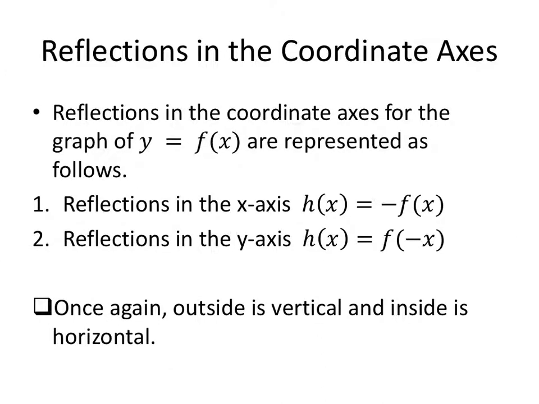Reflections. So reflections in the coordinate axes for the graph of y equals f of x are represented as follows. A reflection in the x-axis, meaning the x-axis is the mirror, has a negative on the outside of the function.